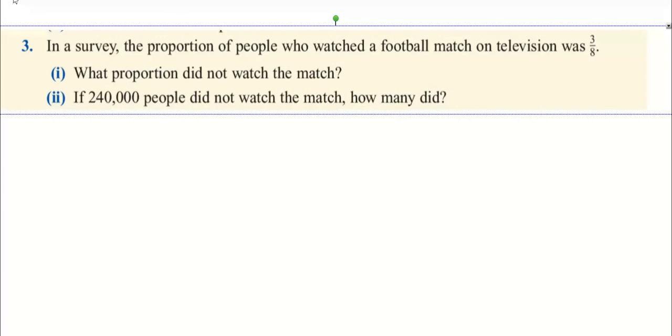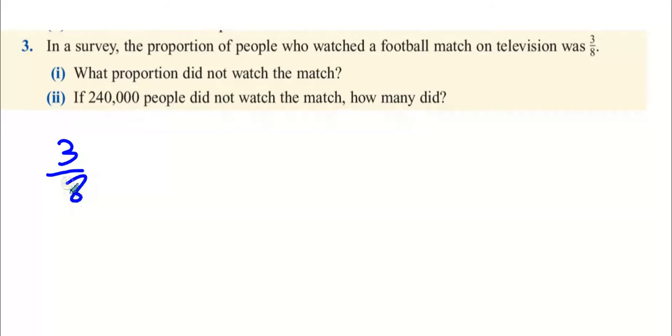Okay, question 3. In a survey, the proportion of people who watched a football match on television was 3 in 8. What proportion did not watch the match? If I say 3 in every 8 people watched the match, then you can be assured that 5 in every 8 people didn't watch the match.